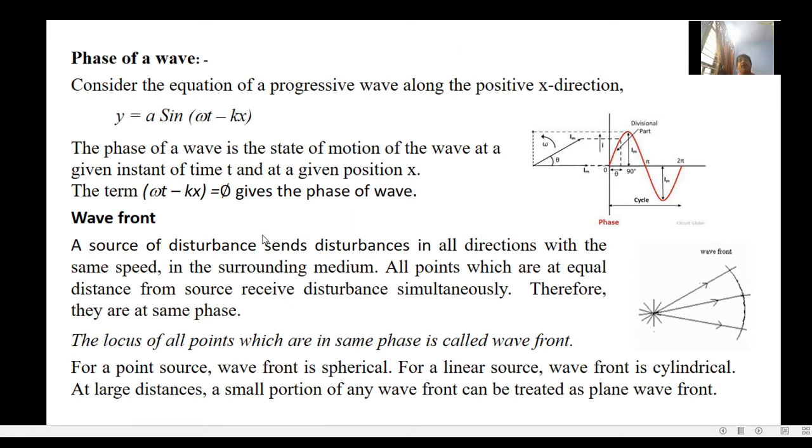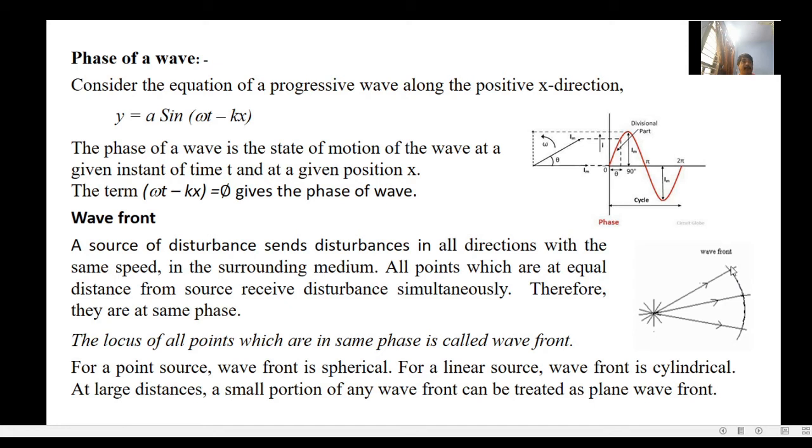Next, we will move on to the wavefront. Let us consider a point source. This point source sends disturbance in all directions with the same speed to the surrounding points. All points which are at equal distance from the source receive the disturbance simultaneously.